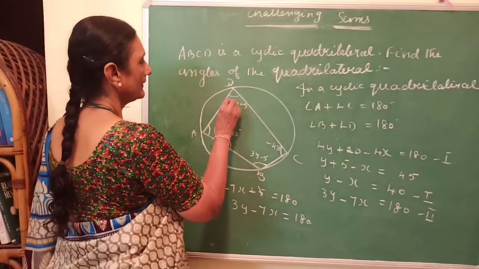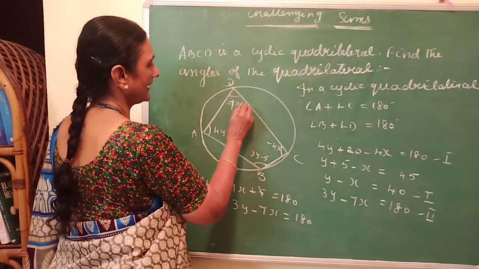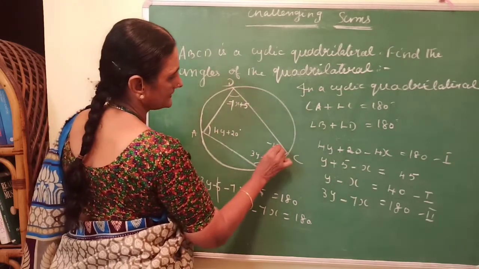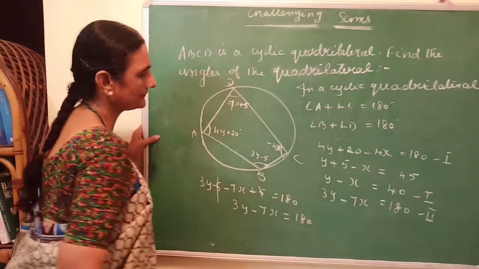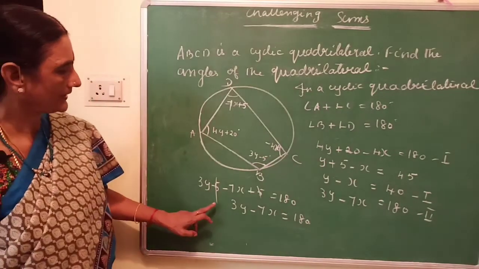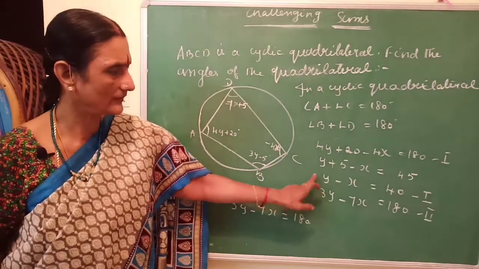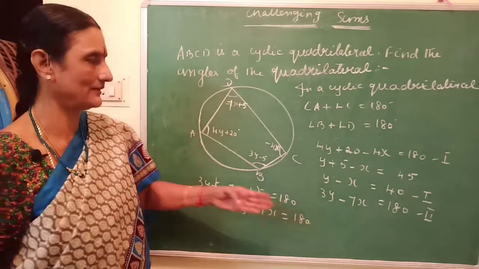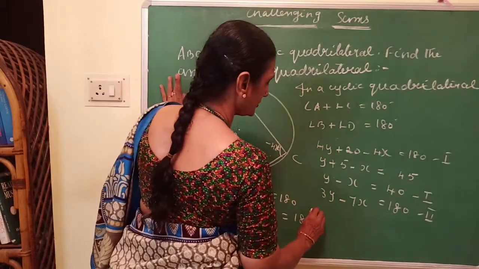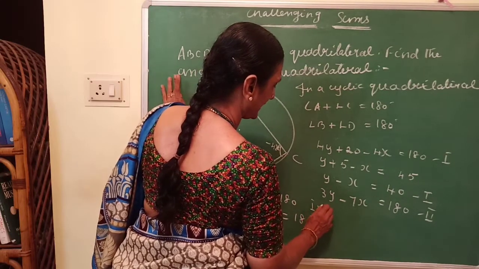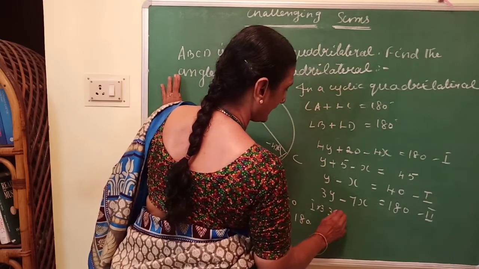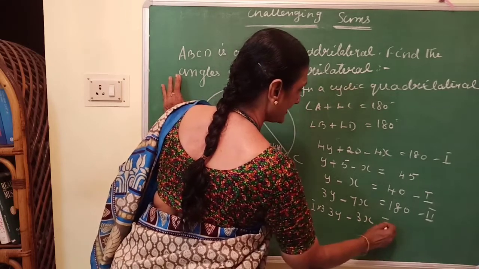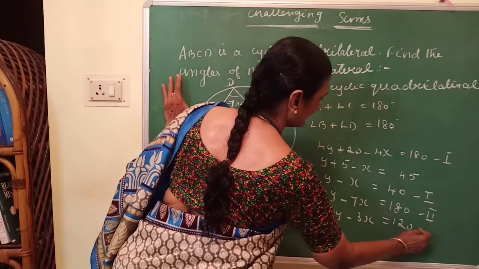Now, so let me rewrite the values once again. Now here 3y, first equation you multiply by 3, so that there is a cancellation possible. So 1 into 3 gives you 3y minus 3x is equal to 120.